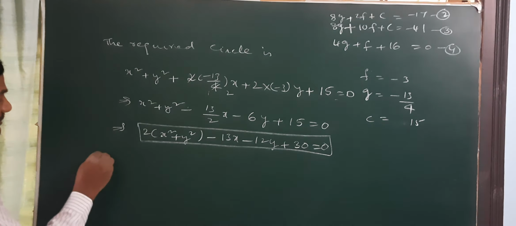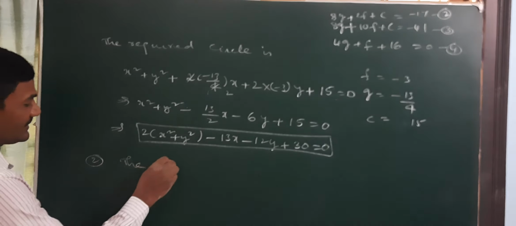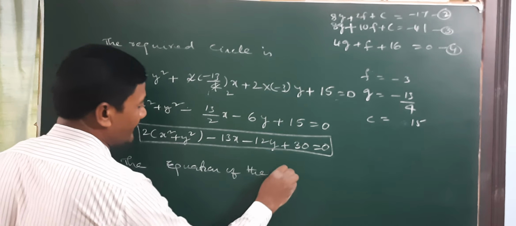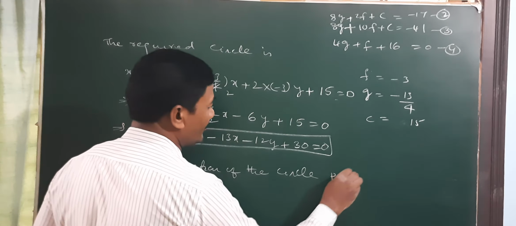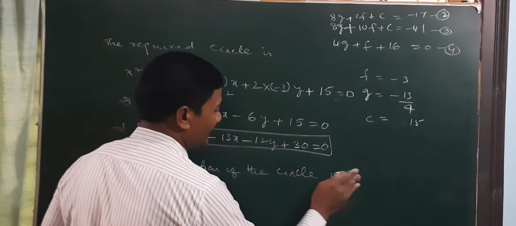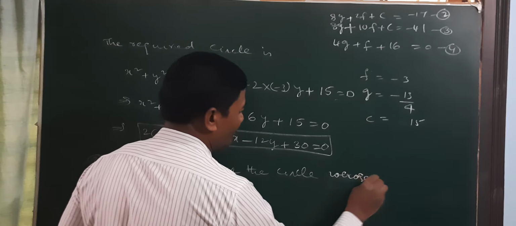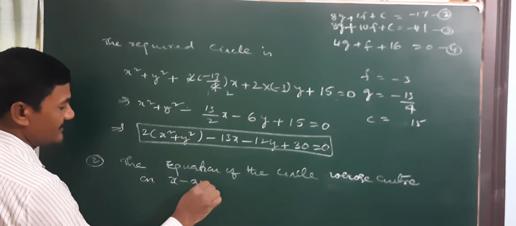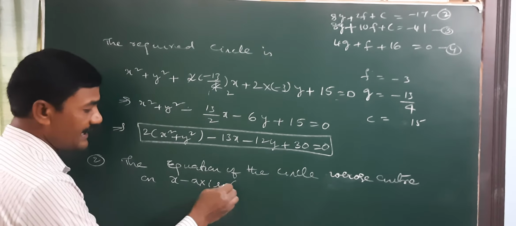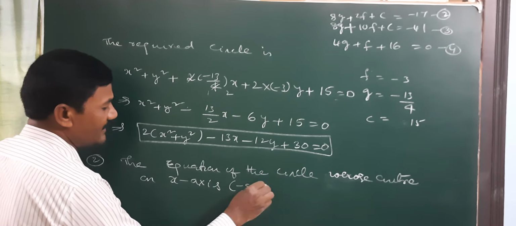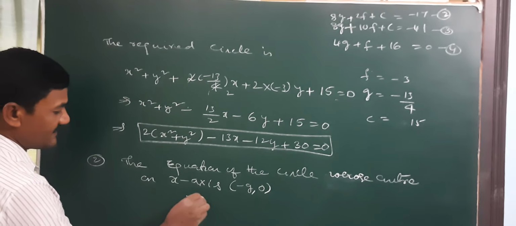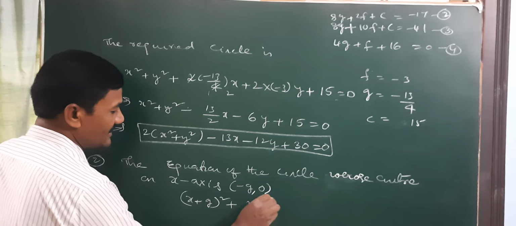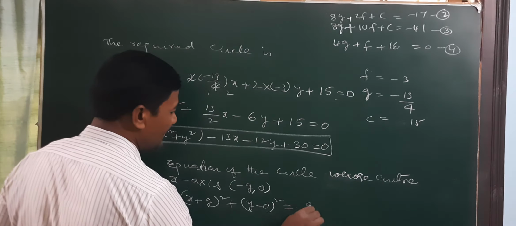And problem number 2, the general equation of the circle: the equation of the circle passing through two points and whose center is on the x-axis. Whose center is on the x-axis means we always consider it as minus g comma 0. So the general equation of the circle is x plus g whole square plus y minus 0 whole square is equal to r square, which is again g square.